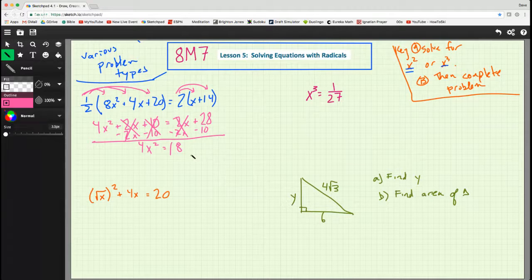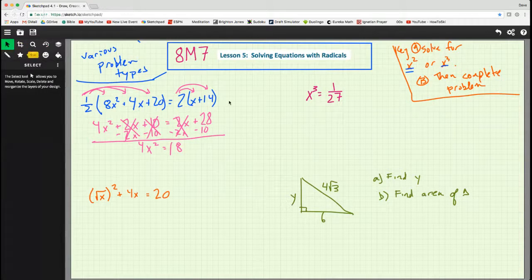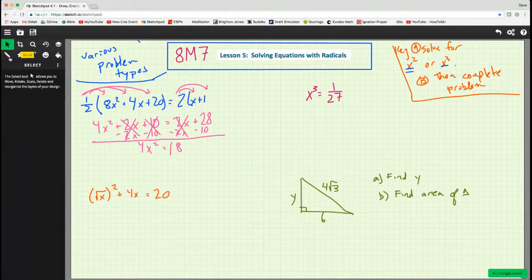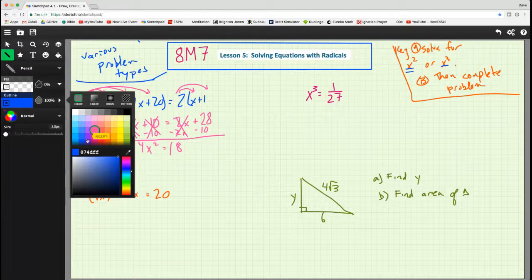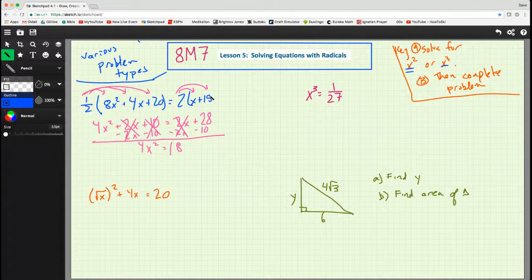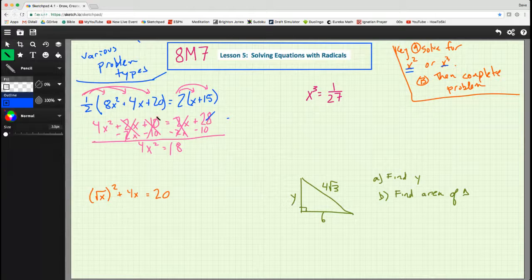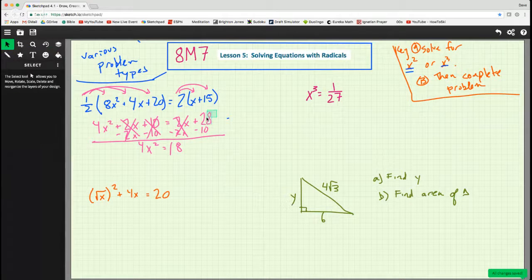Okay, let me just change this one really quick. Let's just pretend that this was a 15 here. The reason I'm doing this is because I don't want to introduce two concepts at the same time. I gave a bad example, so let's make this a 15.